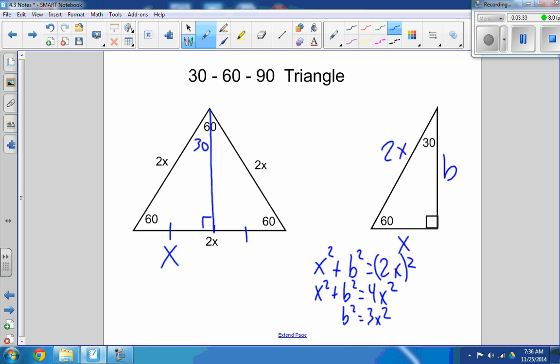Square root that. b equals x square root of 3. So this side, instead of being b, is x square root of 3. So if I divide by 2, that gives me that side, and then I multiply by square root of 3, it gives me that side.